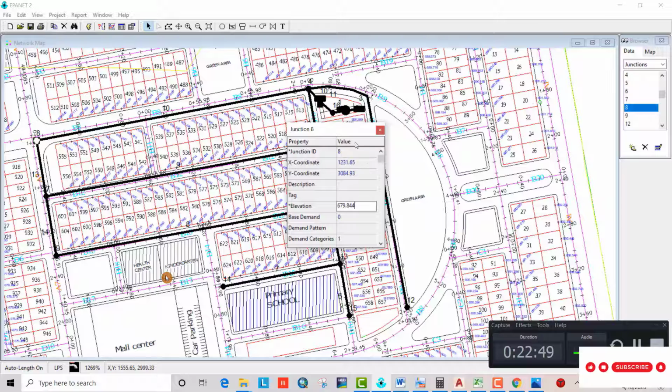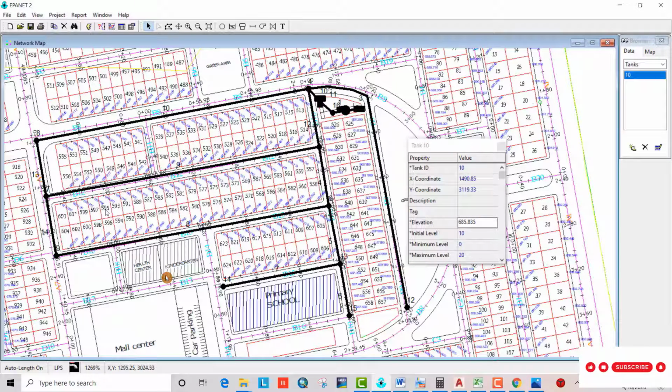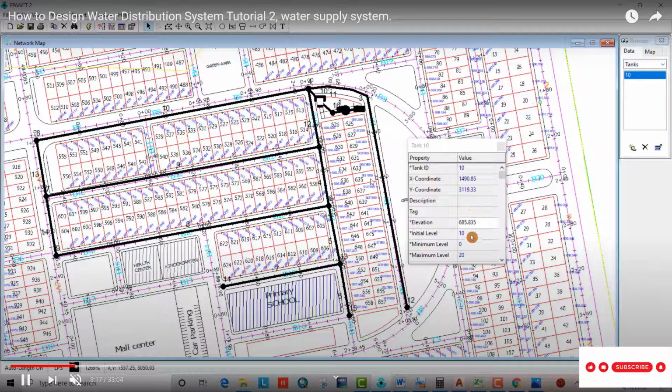In the same way for all the nodes, you can provide elevation. Now I provide the elevation for all the nodes. Okay, I provide the elevation for the tank also. This elevation just belongs to the ground.